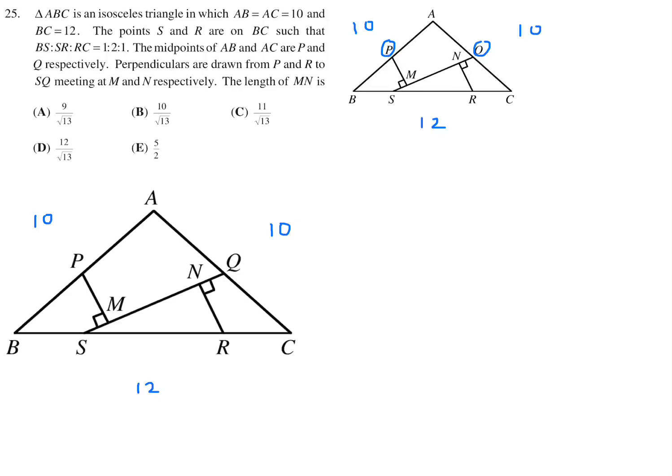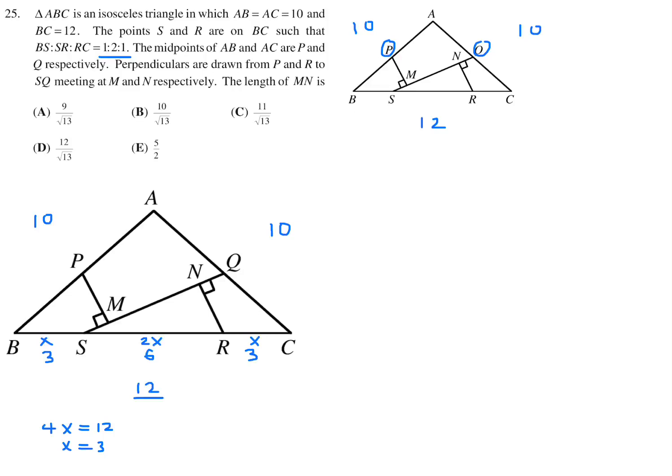And then these sides here, they've given us the ratio. It's 1 to 2 to 1. So if this is x, and this is 2x, correct? And then the total is 12, so that means 4x is equal to 12, and therefore x is equal to 3. So this is 3, and this is 6.